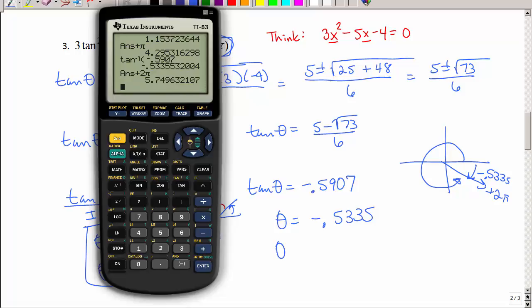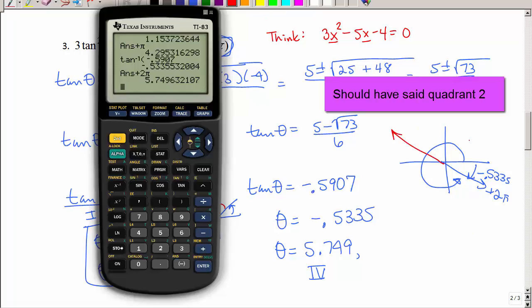Okay, so theta in quadrant 4 is 5.749. But now I know that it's also negative in quadrant 3, so I need to go over here. It's a difference of pi.